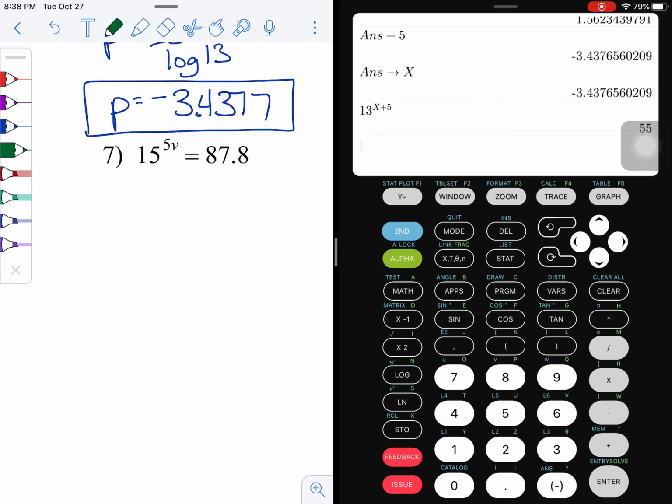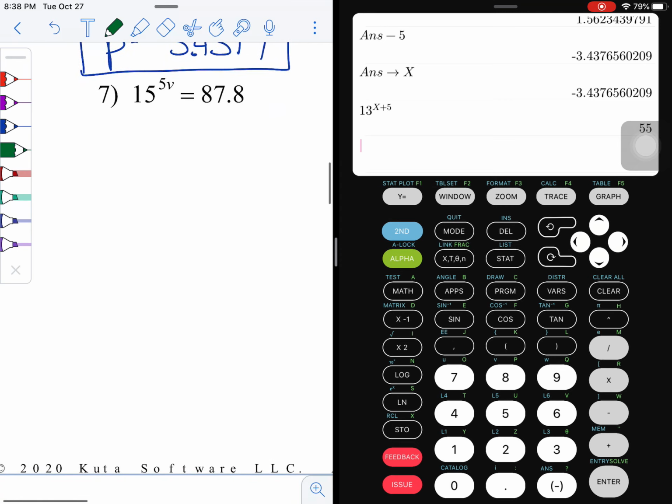Okay. Moving right along. Problem number 7 here. 15 to the 5v is equal to 87.8. I did a cursory, quick check. No, 15 and 87.8 are not going to turn into a like base, but I can take the log of both sides. So let's see, log of 15. Now, instead of putting that 5x in the power, you could immediately put it in front as your multiplier.